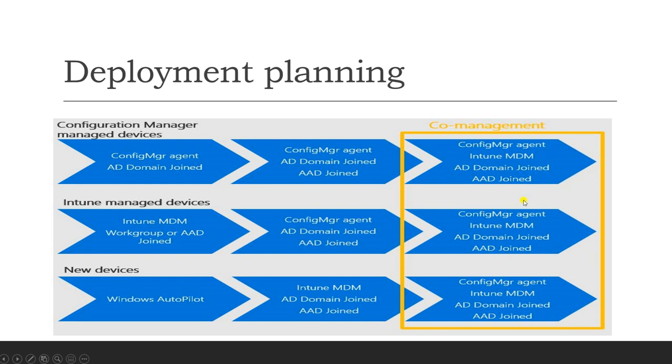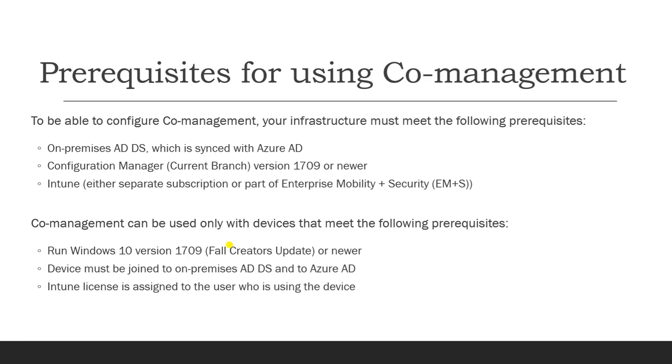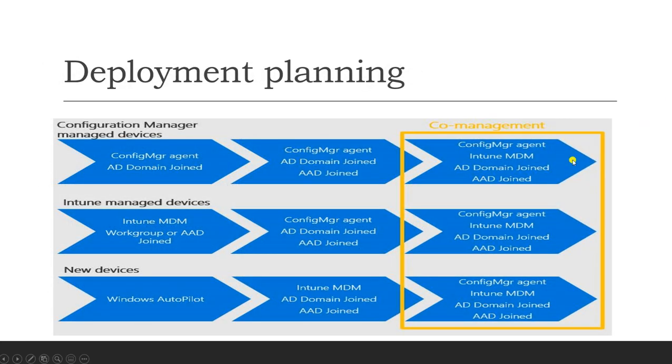Then it will react as co-managed. And suppose you have a new device, how can you make it co-managed? You can use Windows Autopilot when you have the new OS, and you can configure Intune MDM, Azure AD join and AD join. Then that machine will react as co-managed.